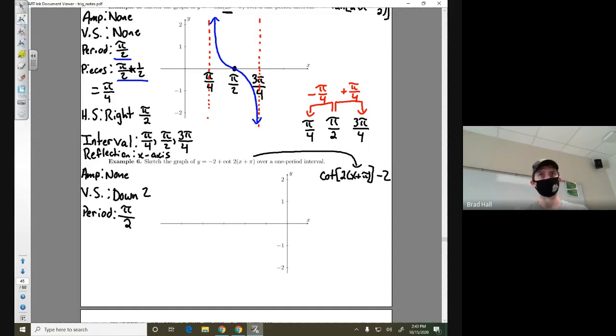If you distributed the 2 back in, then you would see. So the pieces, this is going to be the same as before because we have the same period. And we're still multiplying by 1/2 to get a displacement of pi over 4.